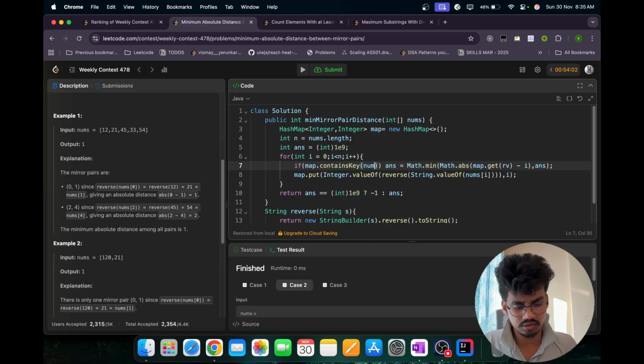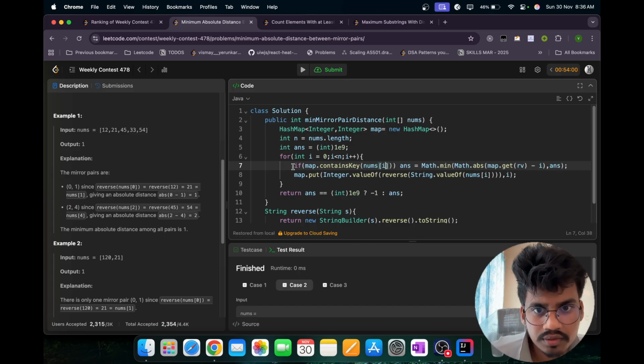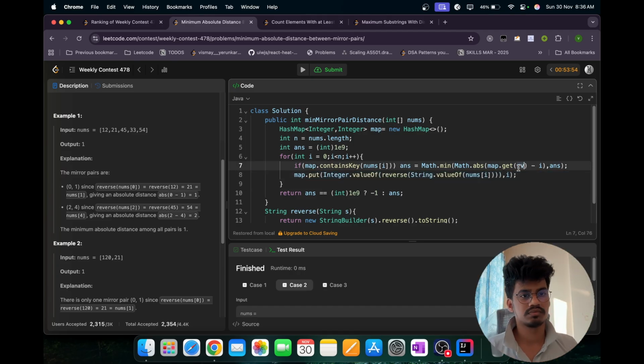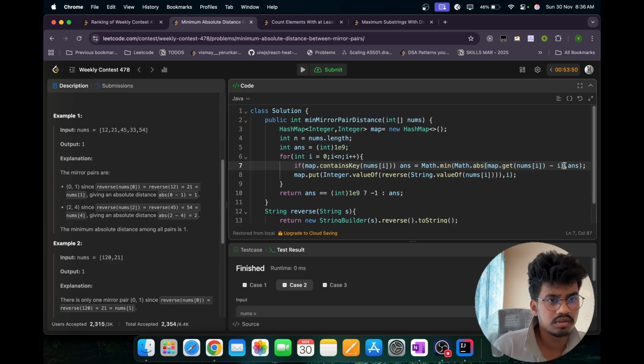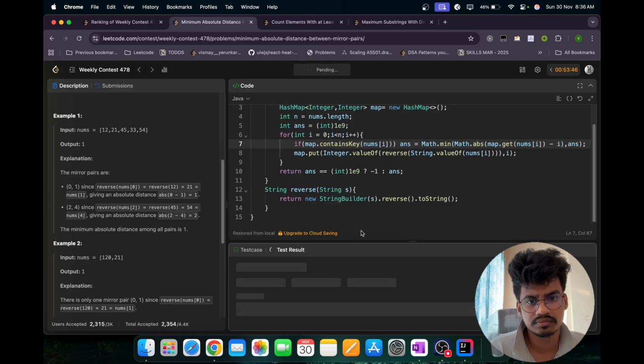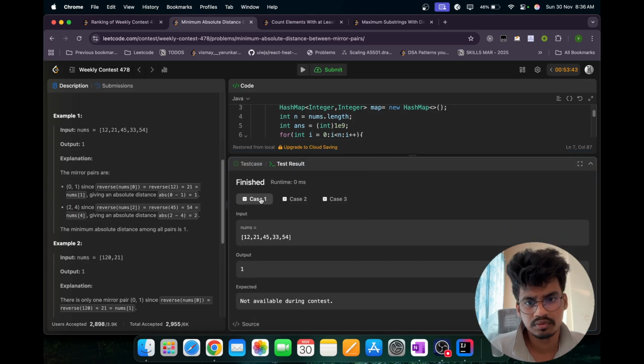Map.containsKey(nums[i]). If this is present as a reverse part, then we will get that value. Okay, and we'll just update the answer. 1 1 minus 1.